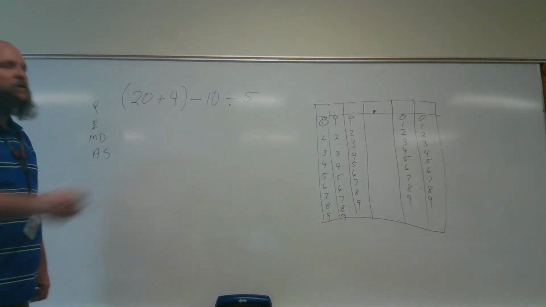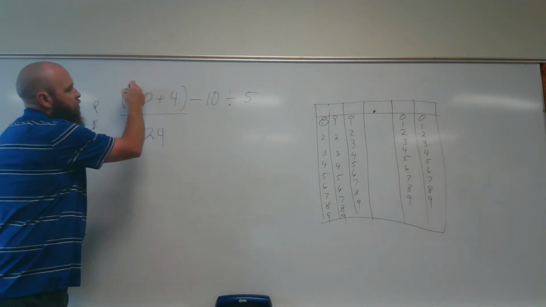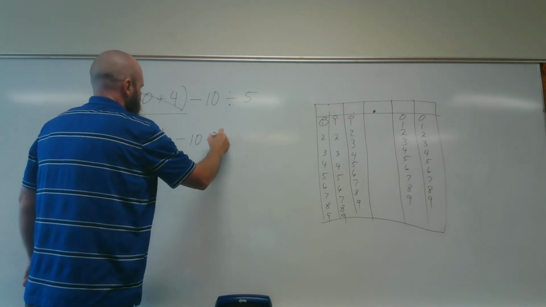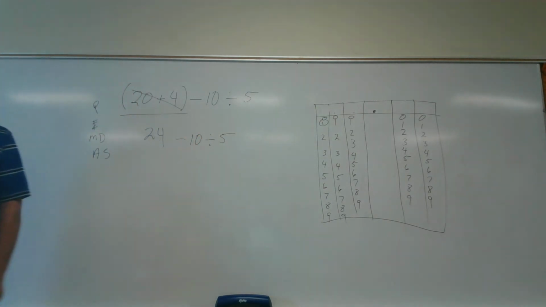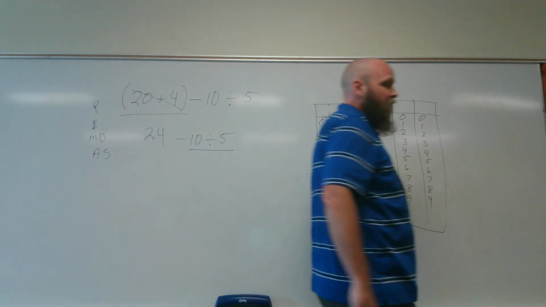So we start with our parentheses. 20 plus 4 is 24. We've used these things. I bring down everything I have not yet used. We have no more parentheses. We have no exponents. We do have multiplication or division. So this goes next. 10 divided by 5 is 2.